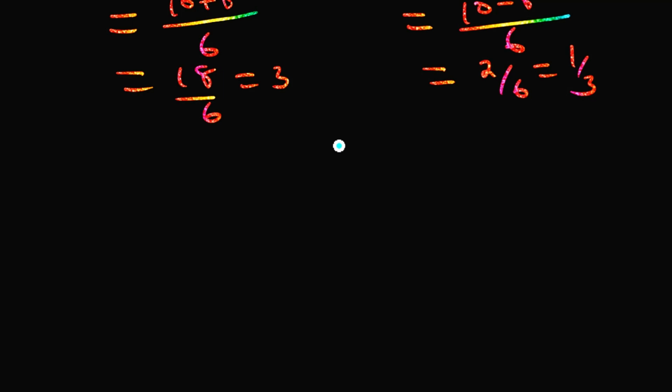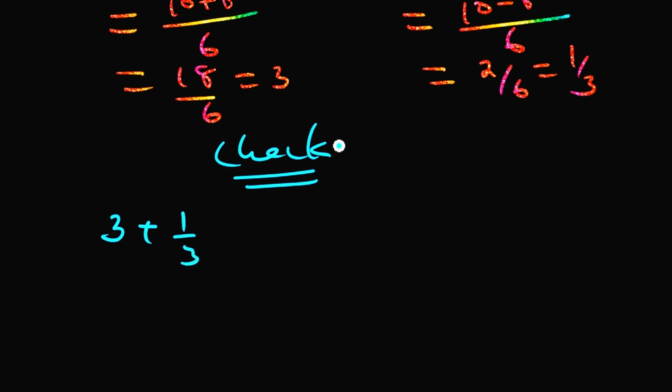So the first one, let us check if 3 is a solution. So we had x plus 1 over x being equal to 10 over 3. So x is 3 plus 1 over 3, and we check that is equal to 10 over 3. So we can write these as a fraction. So the LCM of the two is 3.